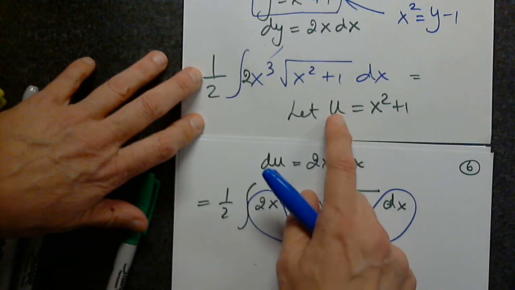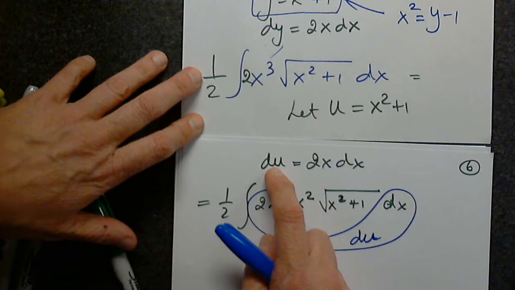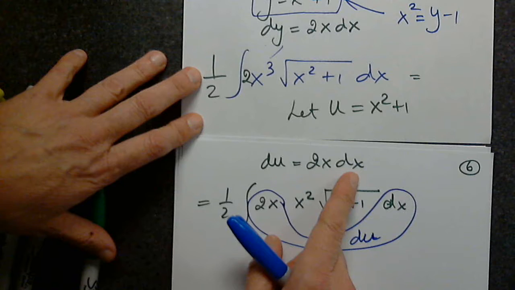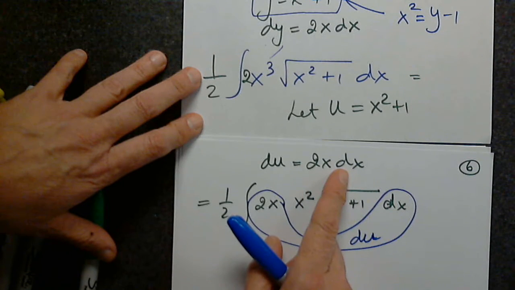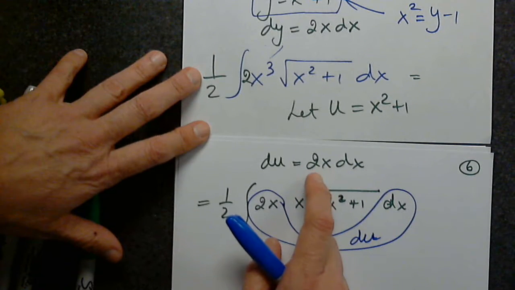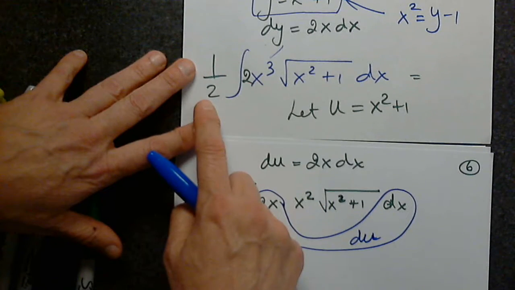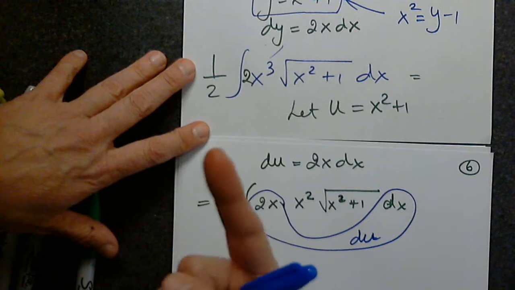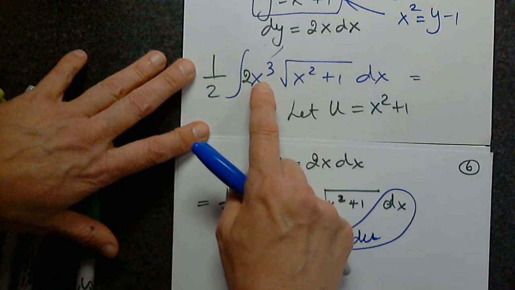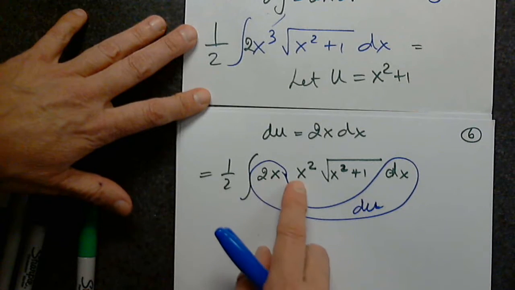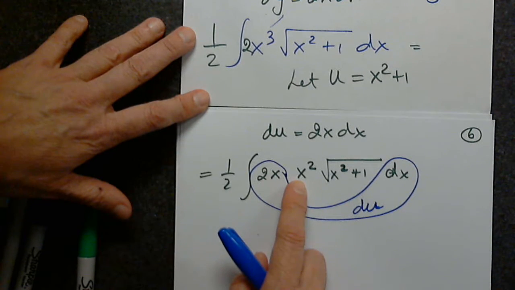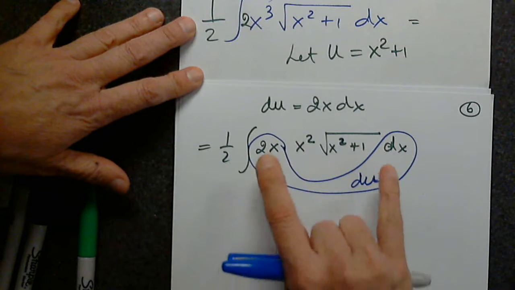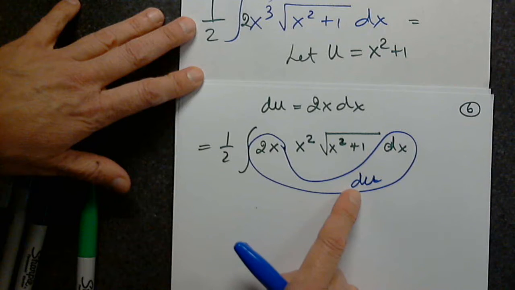We determine the differential of u, which is 2x dx. Then I realized that I really needed a 2 in there. So I multiplied by 2 and divided by 2. This product is still 1. 1/2 times 2 is still 1. And I rearranged x cubed as x and x squared. Is that okay? So now 2x dx, these three pieces form du.